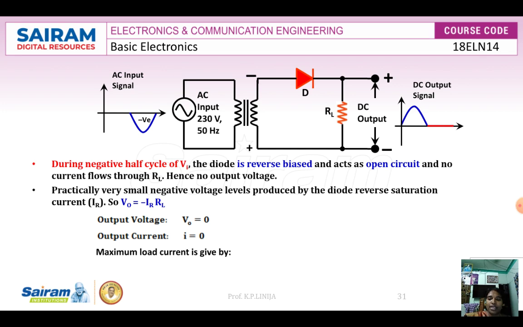Output current is 0. Now we need to calculate the maximum load current for the positive and negative half cycles.